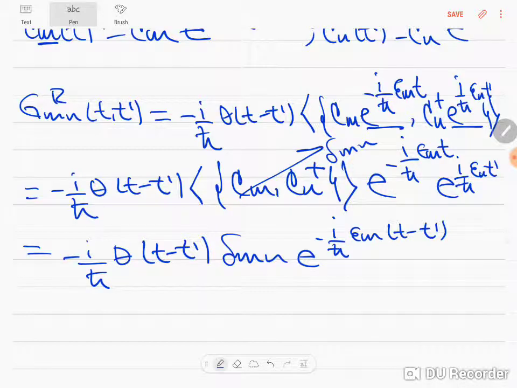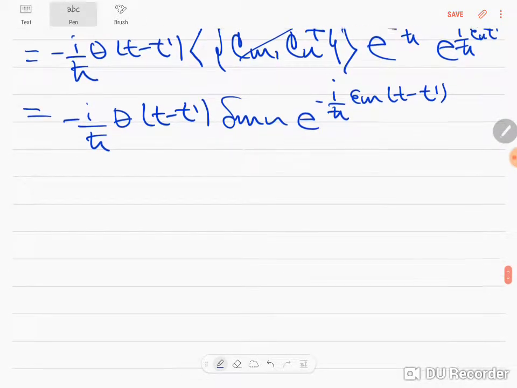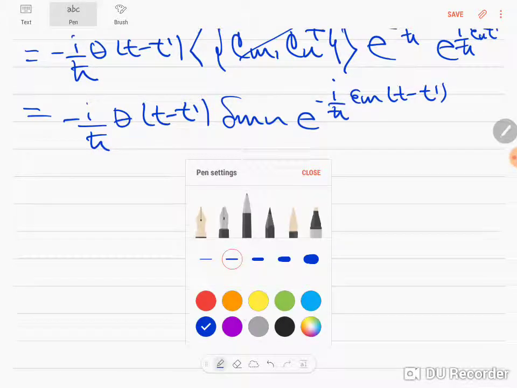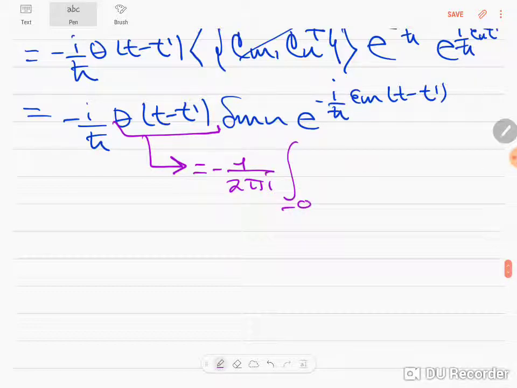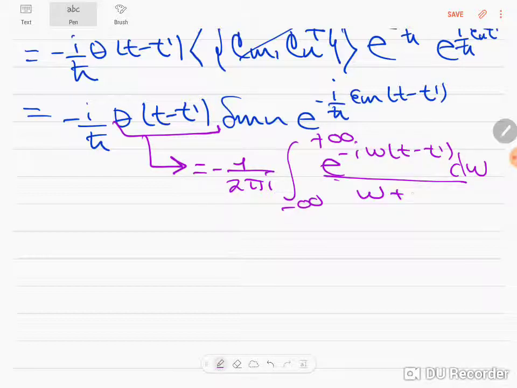And then to work better with this Green's function, we have to find a spectral representation for it. That's quite important, and for that we replace the spectral representation for the step function, theta of t minus t prime, which is equal to minus 1 over 2 pi i integral from minus infinity to infinity of e to the minus i omega t minus t prime d omega divided by omega plus i eta, where eta tends to 0.